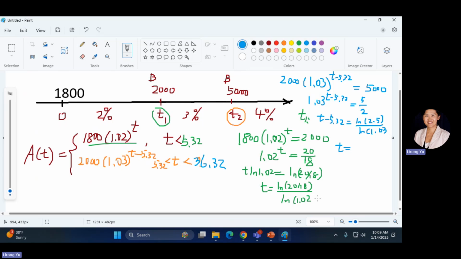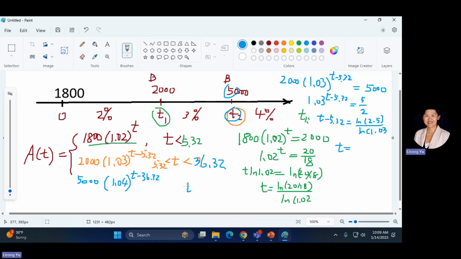Are we okay so far? Next, starting at T2, now $5,000 is what we have. It's our balance. So now it's going to be 5,000 as your principal. It's growing at an interest rate of 1.04, to the power of T minus 36.32, because you're going to start counting your time from that beginning time.